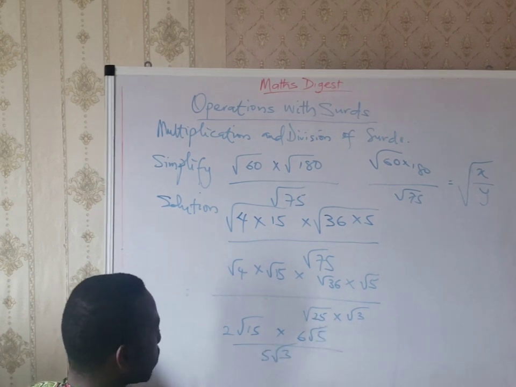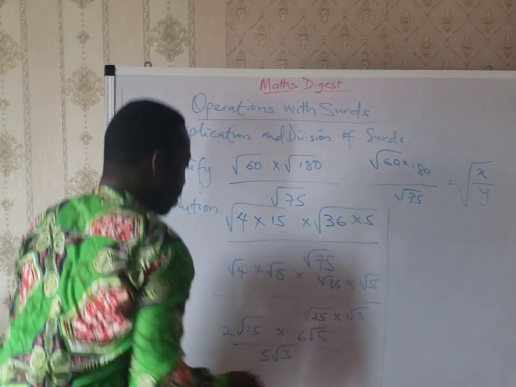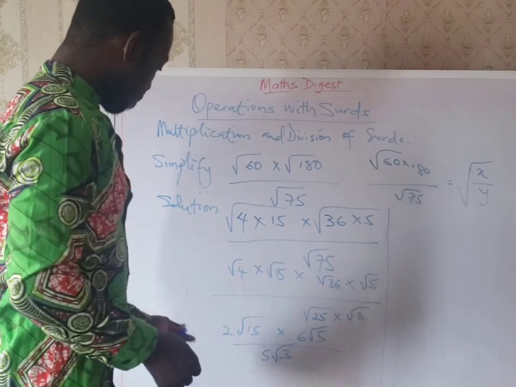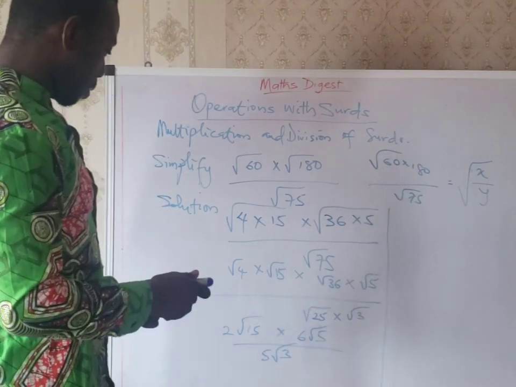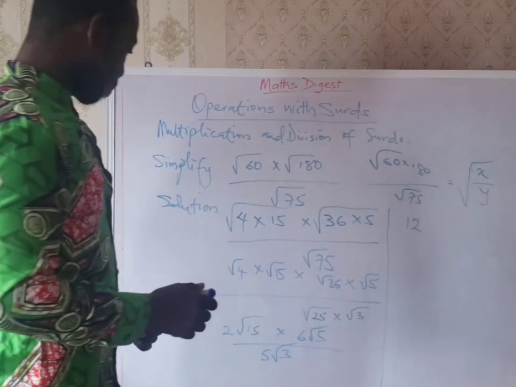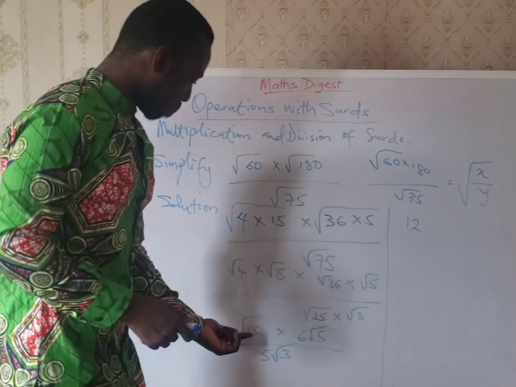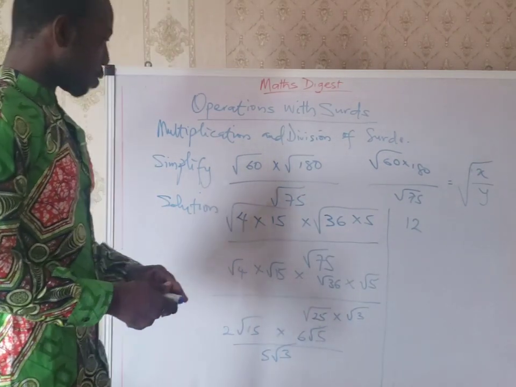Now from here, 2 times 6 is 12, so we have 12. Remember, this is the product rule; you can multiply together the surds.